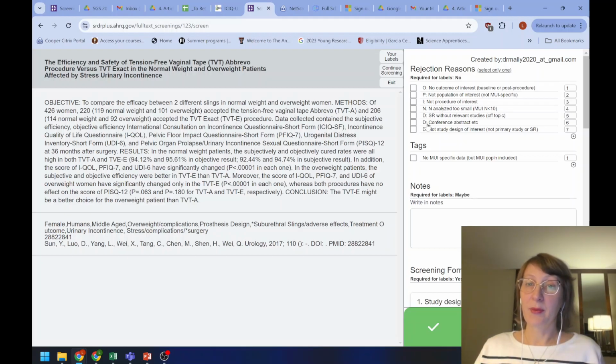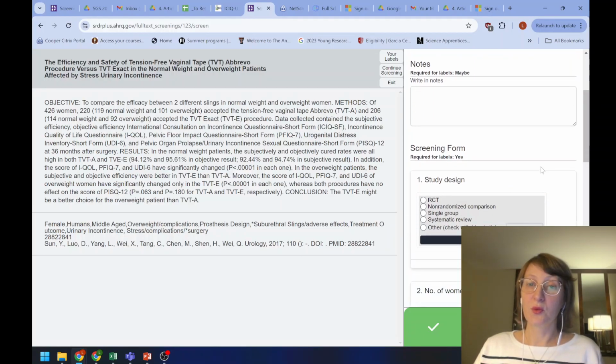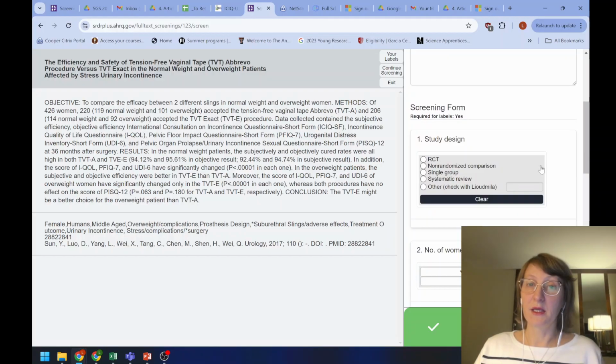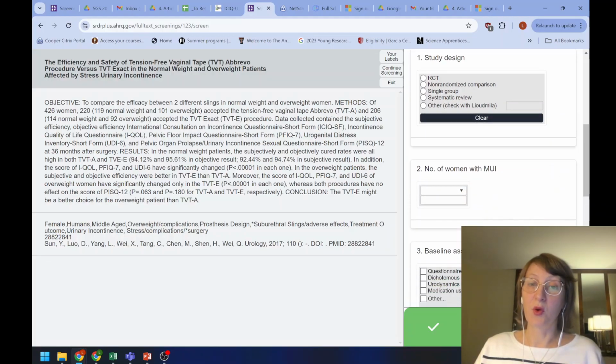So before I wrap up, I just wanted to quickly go through the remainder of the screening form. Let's say a study actually passed all the rejection reasons and you want to include it. You would go through this very brief form to pick the study design and include the N number of patients with MUI.